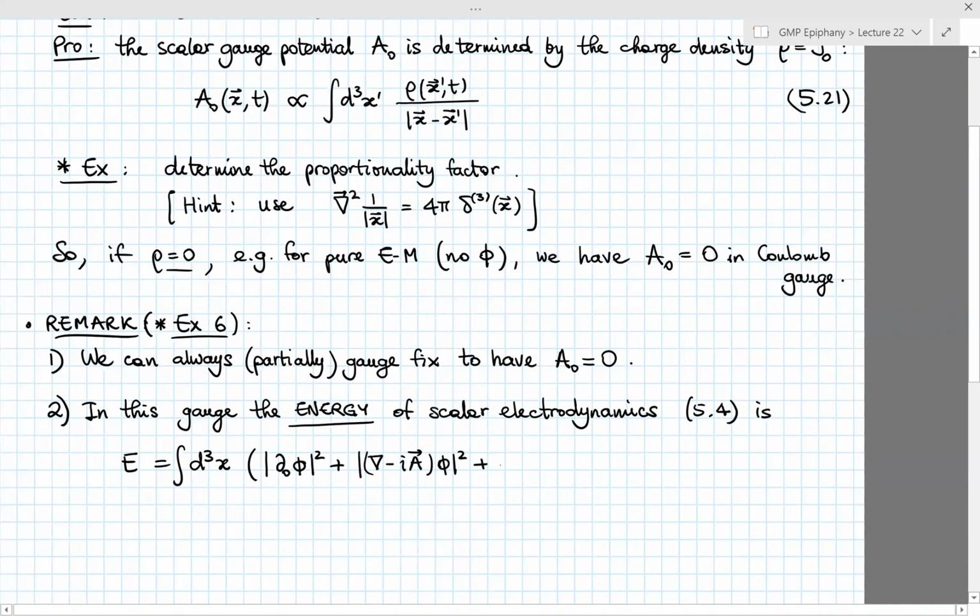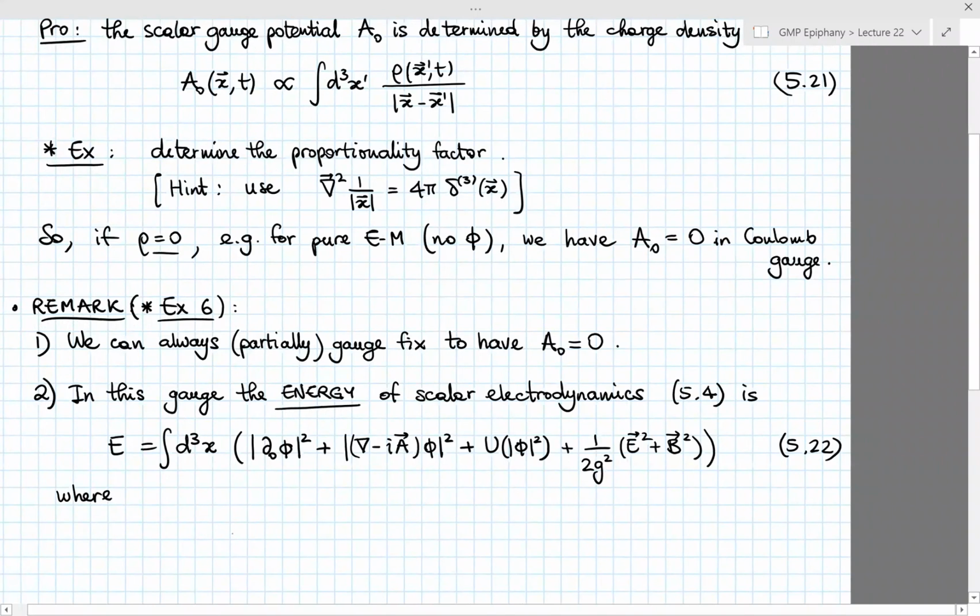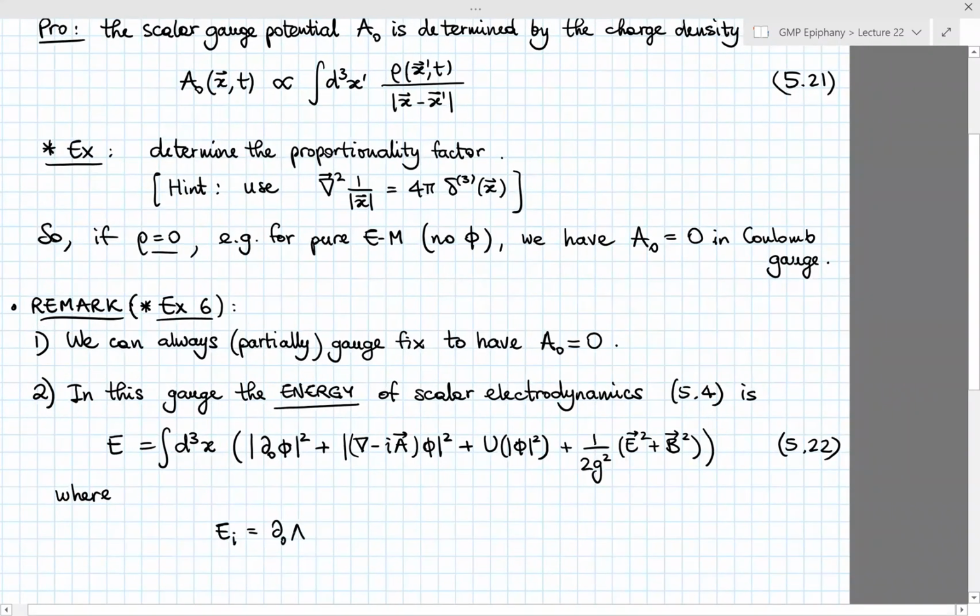Then we have the scalar potential U. And then we have a contribution from the gauge fields, which is simply 1/2 g squared times the sum of the modulo squares of the electric and the magnetic fields. So here E_i is the time derivative of A_i, and B_i is related to the spatial components of the field strength.